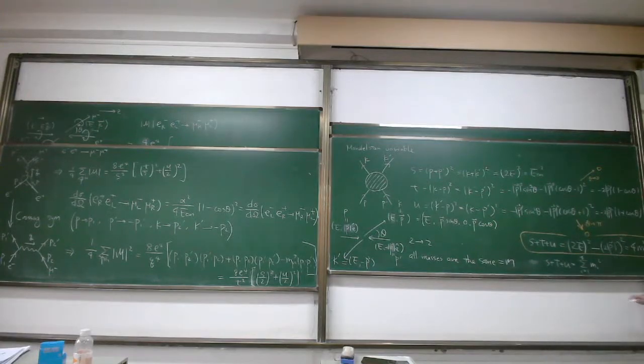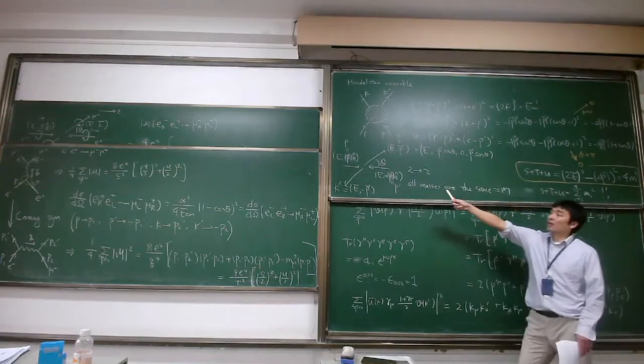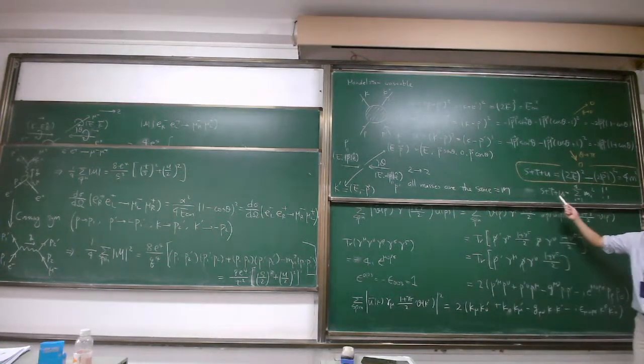So if you're interested, you can derive it. Here I assume all the masses are the same, but even if they are distinct, the sum of s, t, u is just the sum of the masses squared. So it's a beautiful relation.